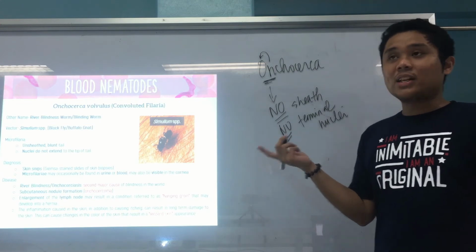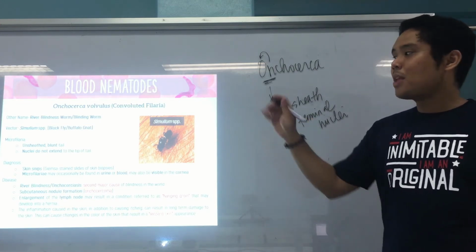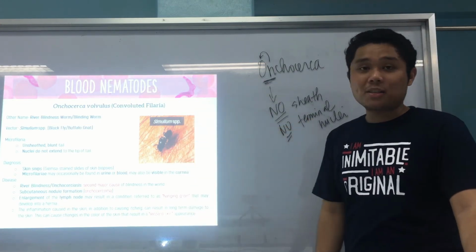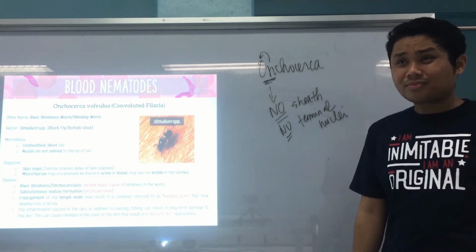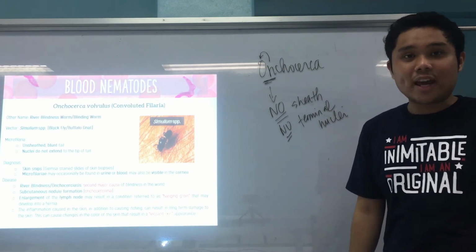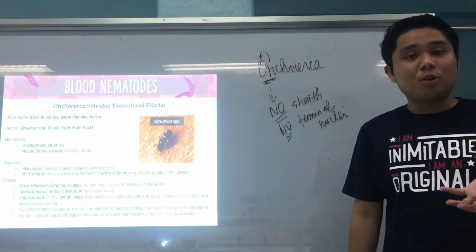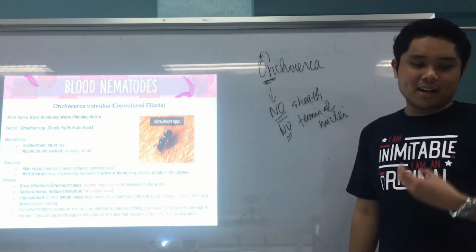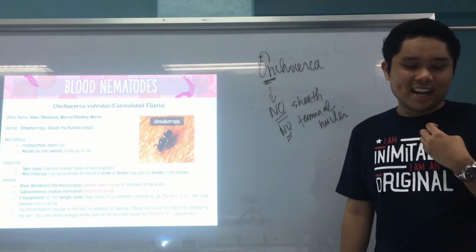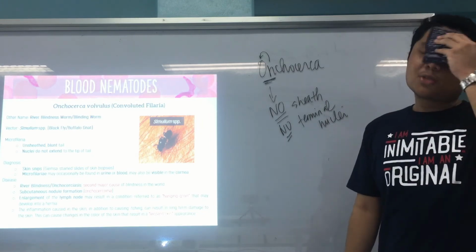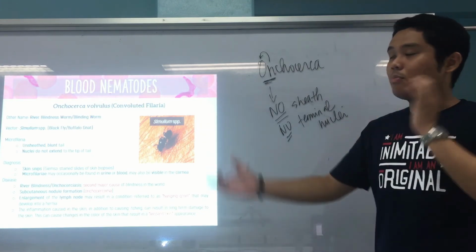Now, why is it called river blindness? It's because Simulium spp lay their eggs in the river. Buffaloes like to stay in the river, if you've seen them. So that's why it's also called buffalo gnats.